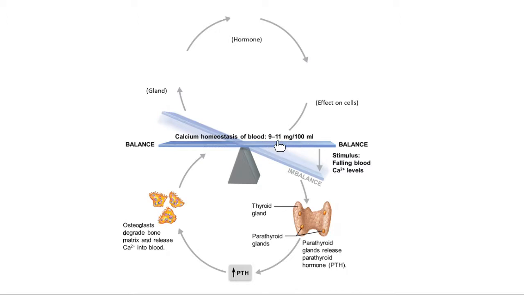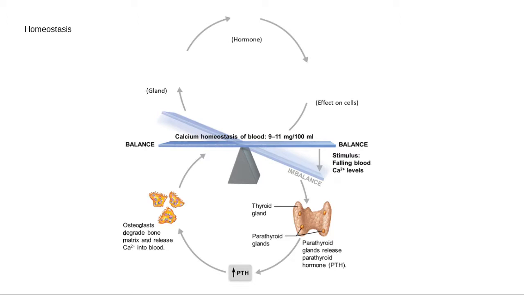So please don't waste any mental energy memorizing that it's 9 to 11 milligrams per 100 mils. I'm not going to ask you that. What I will ask you to know is what happens when we get below these numbers or above these numbers. So this is another example of homeostasis.